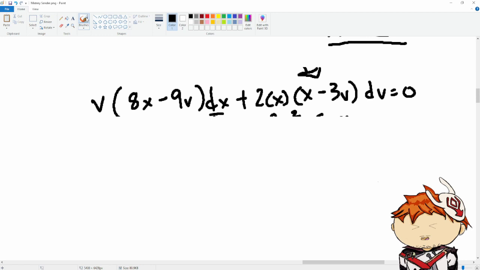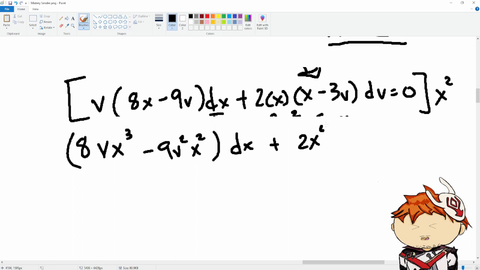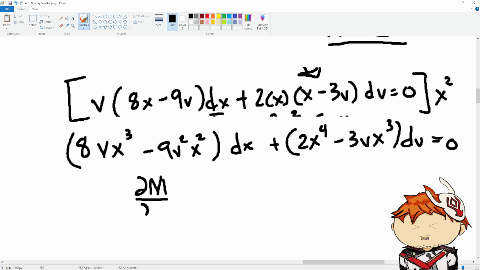So we multiply this, 8v x cubed, by x squared: 8v x cubed minus 9v squared x squared dx plus 2x to the 4th minus 3v x cubed dv. Okay, and it says that this should be exact.